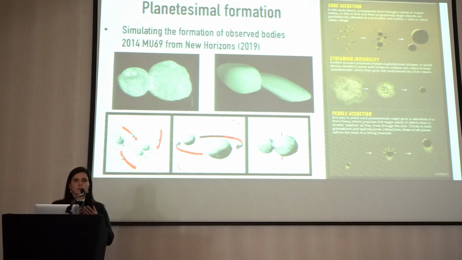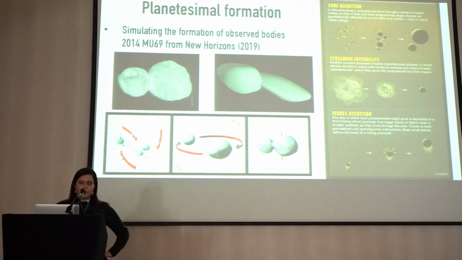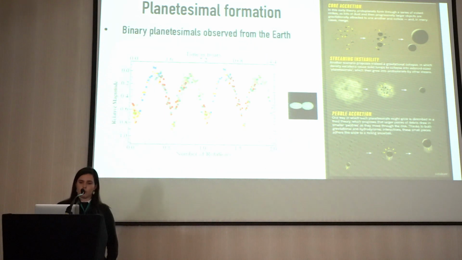And the formation and the observations leading to the formation scenario tell us again that we're talking about a cloud collapse of pebbles happening in the streaming instability that has formed these objects. So direct evidence for processes which can help us constrain the formation scenarios that we're talking about.